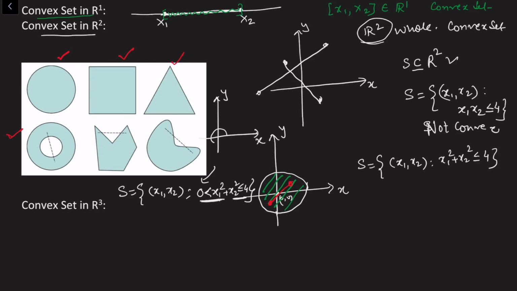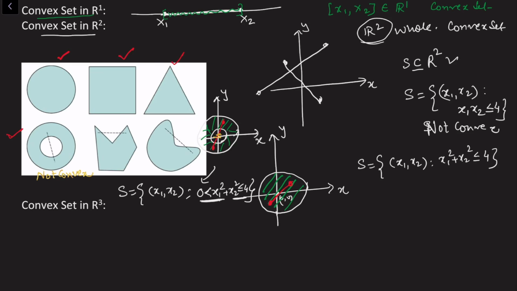I can take the first circle whose radius is greater than 0 and then another circle, and the feasible region is now this one. So it is like two concentric circles. If we choose a point here and here, the line joining them will pass like this, so there are points which are not in the region. So this is not convex.